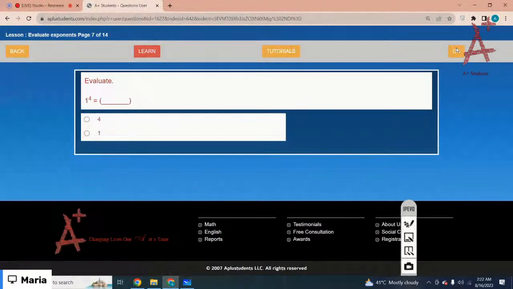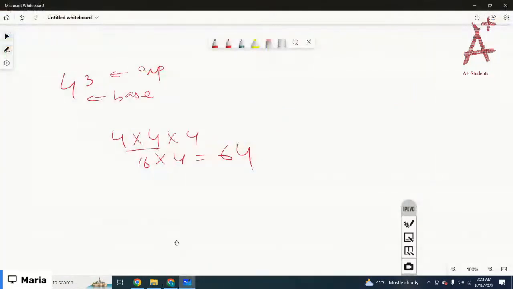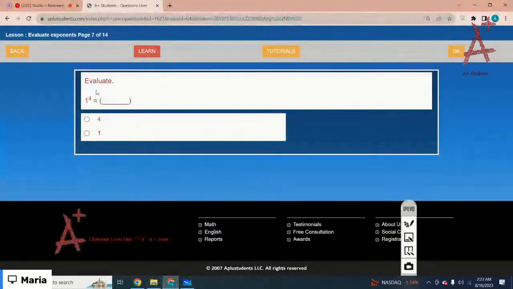So 1 times 1 is always 1. So the correct option is 1, not 4. Please write the answers once, please.